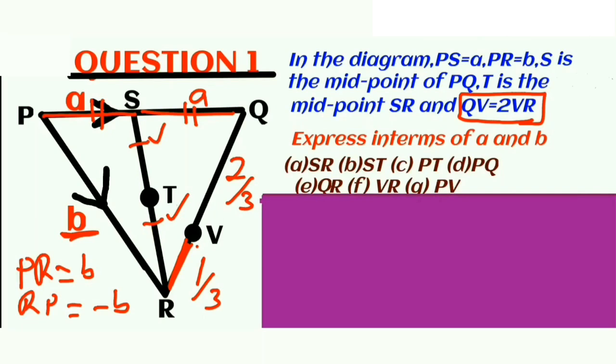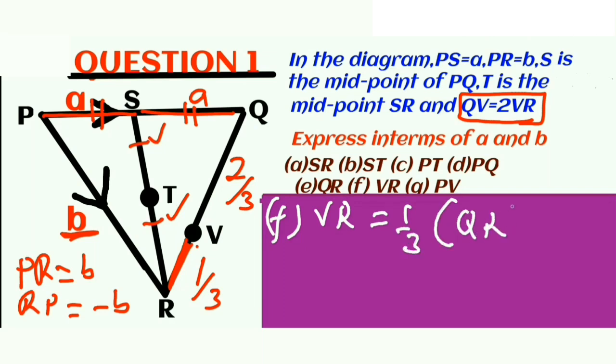Next question, question F. VR. VR equals 1/3 of QR. So it's 1/3 QR, which equals B minus 2A.